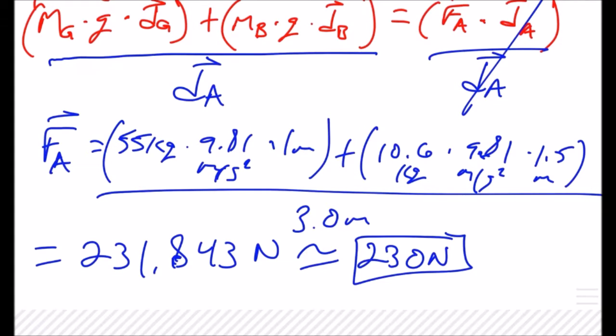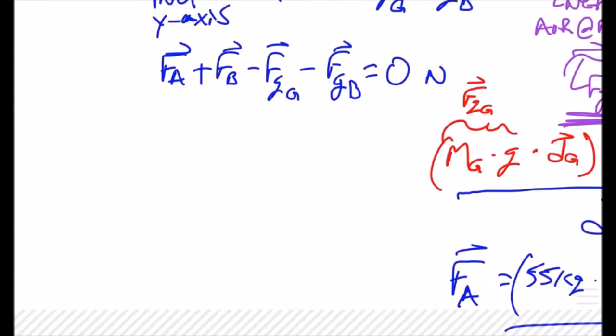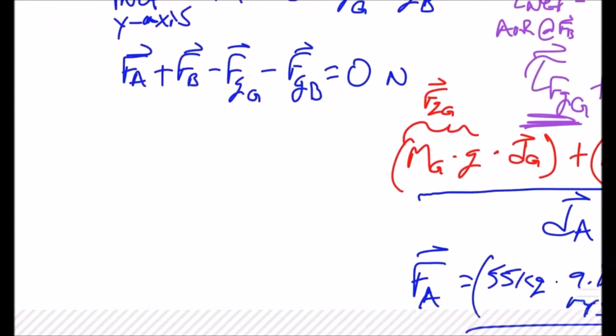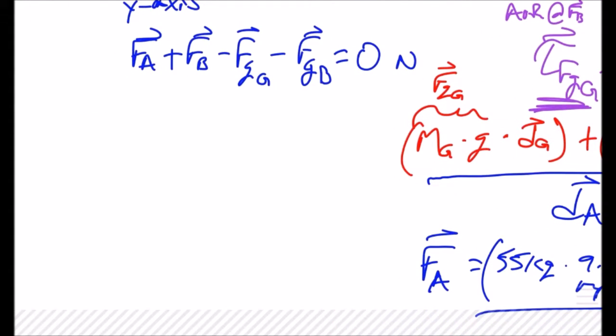Now you have two choices. You can go back through all of these rotational equilibrium statements again by selecting your axis of rotation to be at the other side of the bench and solve for force B, or we can go back to our translational motion equation right here and solve for force B now that we know what force A is. All right.